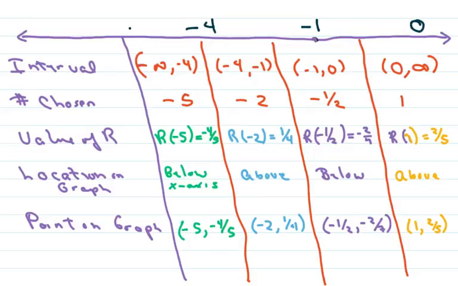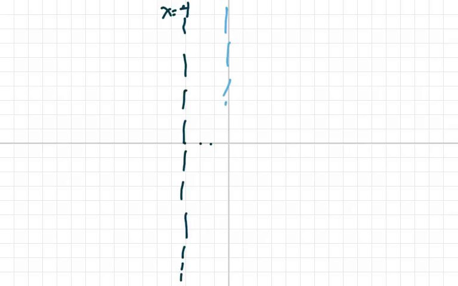Okay? And we're going to go ahead and graph this. We have an asymptote at x equals -4, so put that here. I can't draw very well on this, but here we go. This is x equals -4. And we also have an asymptote at x equals 0, which is right here on the axis. Alright, and I'm going to put my points in.